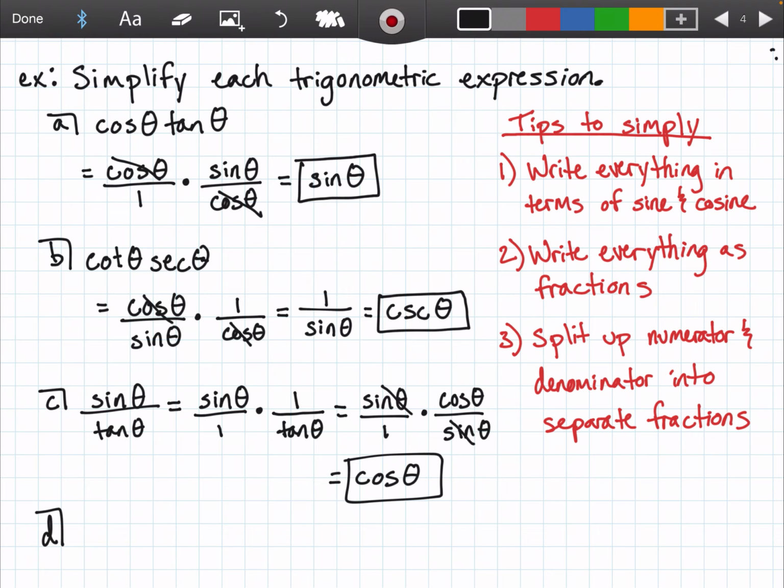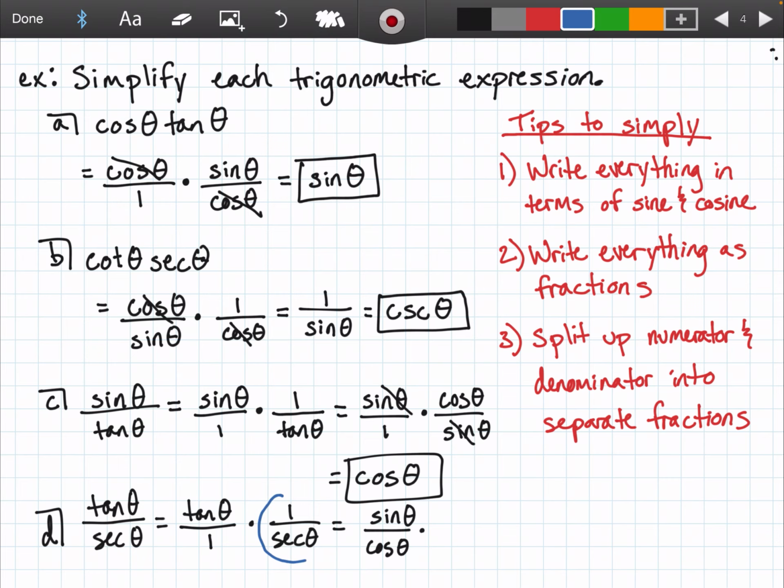I could do the same thing. I can give you tangent theta over secant theta. I'm going to split up that fraction: tan theta over 1 times 1 over secant. Tangent, I know, is sine over cosine. And secant, well, notice, because this is 1 over secant, this is looking for a reciprocal of secant.